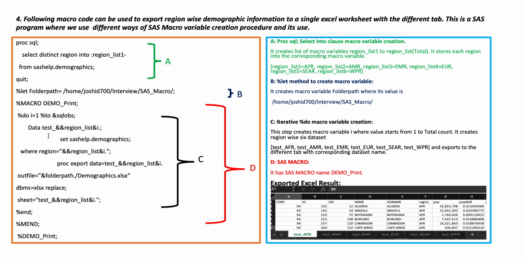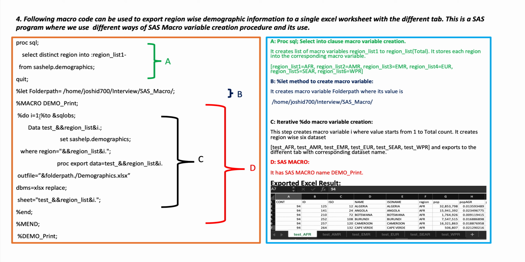That means the dataset name becomes test_AFR because we have selected region AFR, and the folder name we are exporting into is this region, and the sheet name is the same as the dataset name.